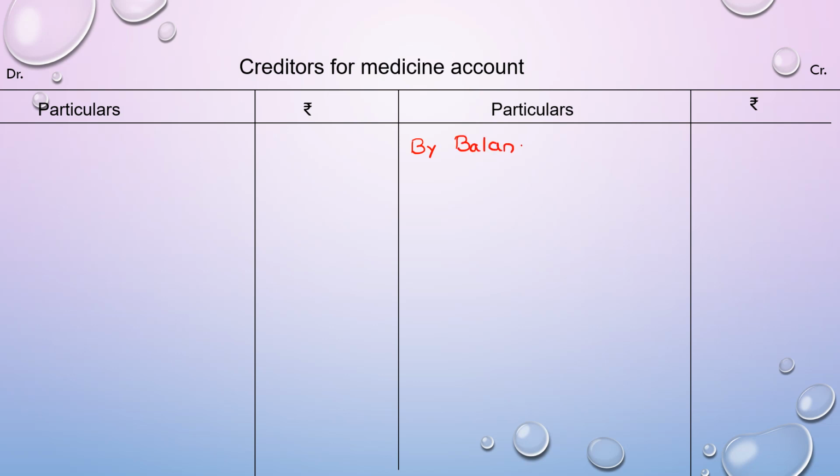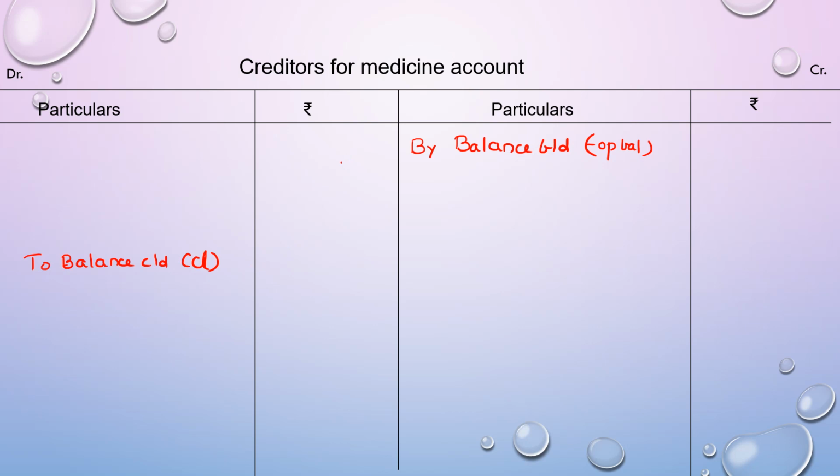So you would have by balance brought down. This would be the opening balance of creditors. You don't have to write this, but for the understanding I've written it here. So obviously the closing balance would be on the opposite side. So you would have balance carried down. This is the closing balance of creditors.